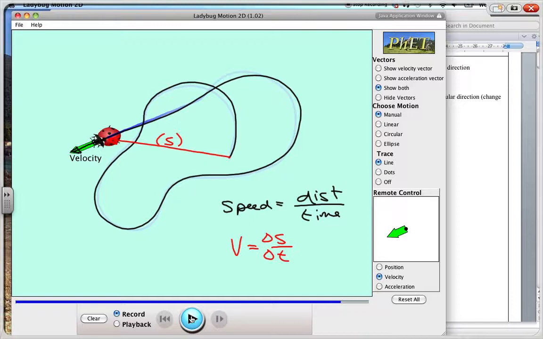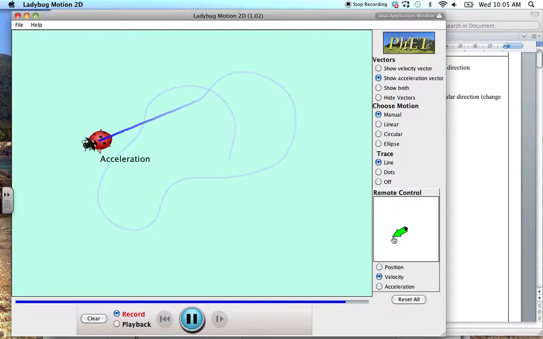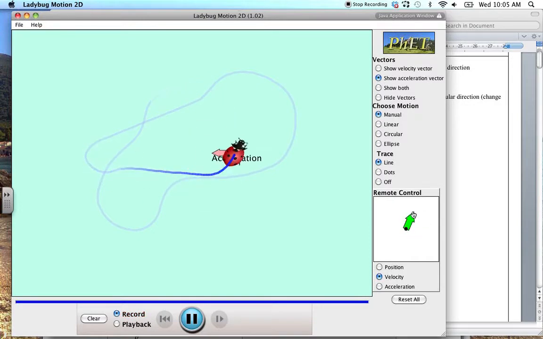Now, as you've noticed here, as I've been doing this, I'm going to just show something called the acceleration vector. Now, the acceleration is to do with the rate of change of velocity. So here I'm going to start my ladybug off again, and I'm going to accelerate.